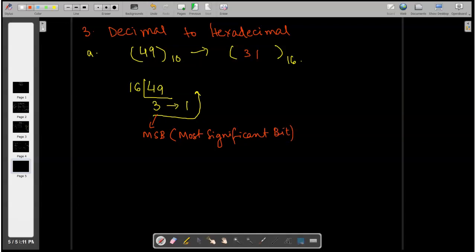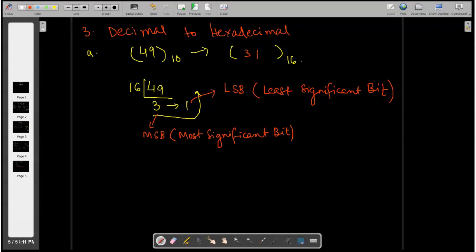And the top one is LSB. The full form of LSB is least significant bit. So MSB is the bottom one, and the top one is LSB.